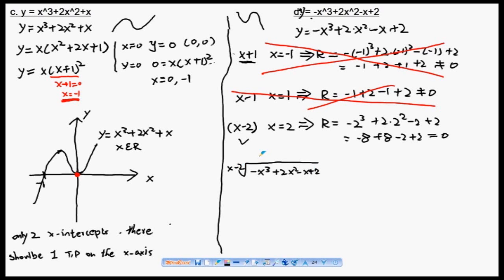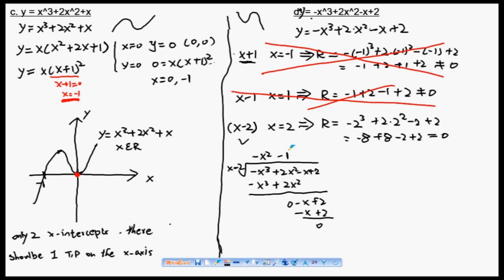I just do it very quickly because we explained how to do long division in detail in the previous video. So it's minus x squared, minus x, plus 2, minus x, and divided by x will be minus 1, and the remainder is 0.